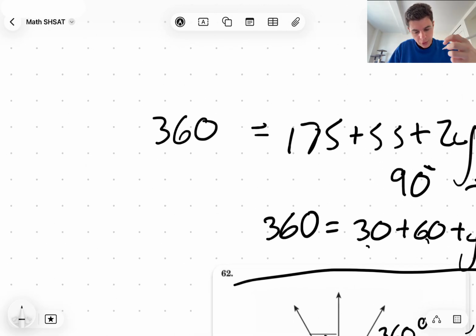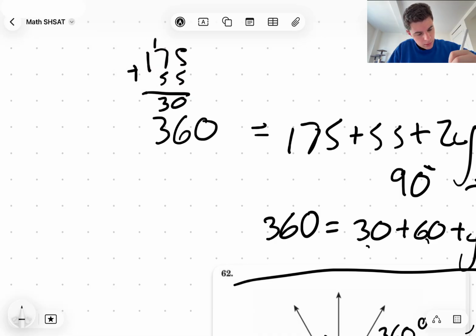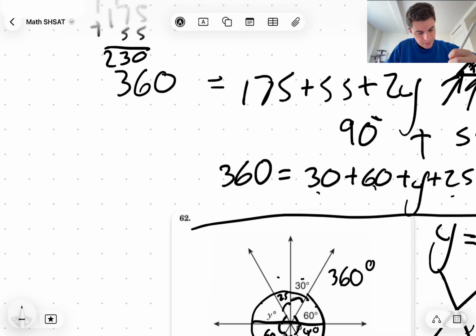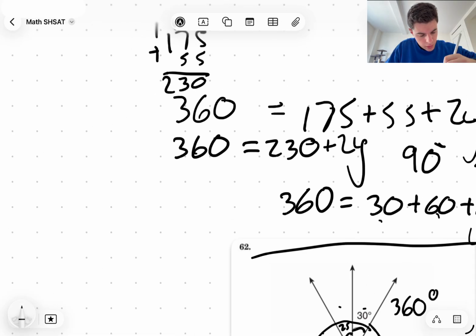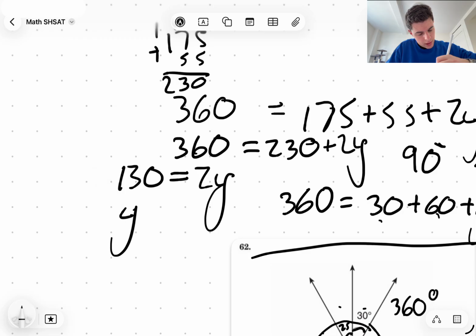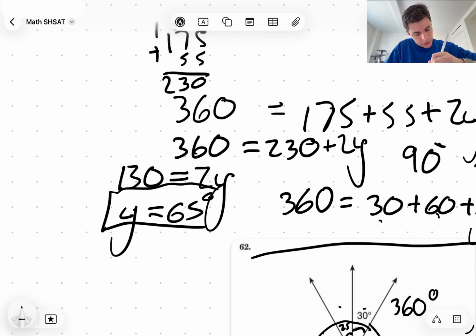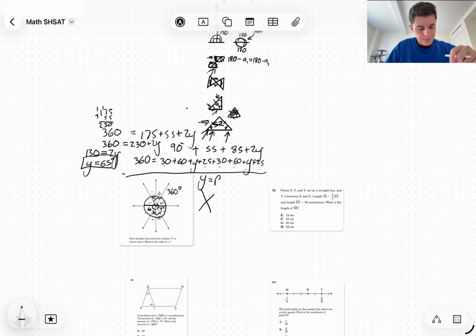And now we have 230, because 175 plus 55 is 230. So now you have 360 equals 230 plus 2y. Now you can subtract 230 from both sides, so you get 130 equals 2y. So y equals 65 degrees. So that's how we do number 1.